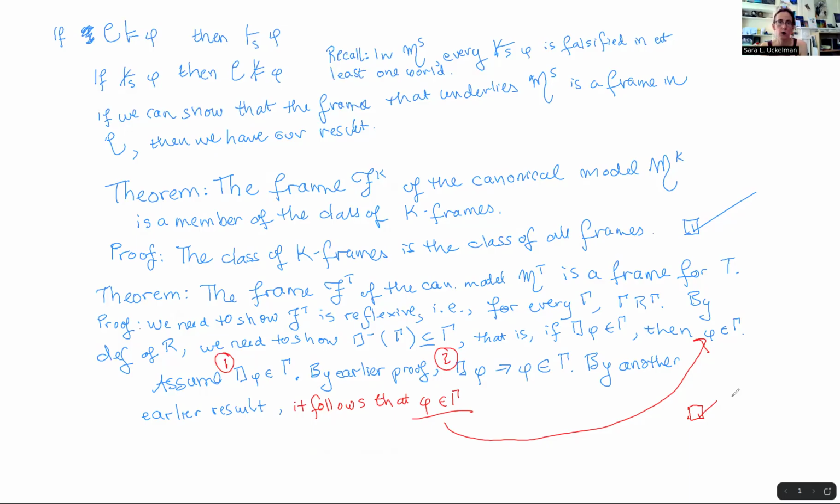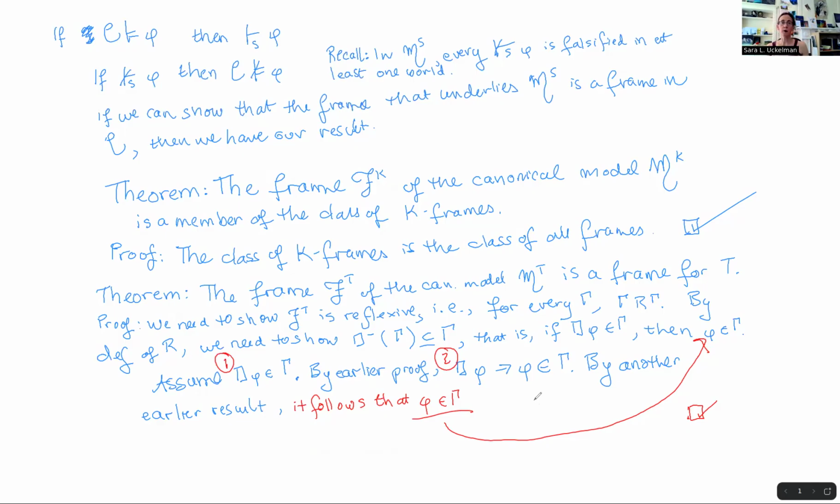And this goes back to all of the correspondence results that we did, showing that validity of box phi implies phi directly corresponds with reflexivity. If you have a frame which has an irreflexive point, then you will always be able to falsify this particular axiom. So if it is valid on the frame, then it has to have that particular property.